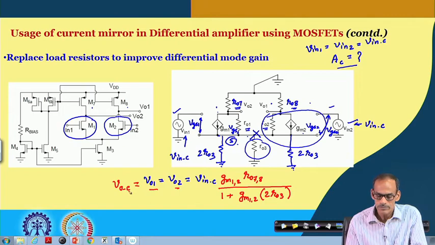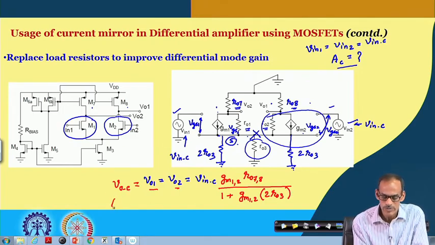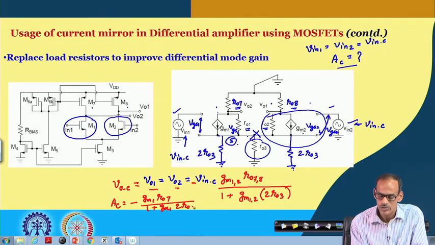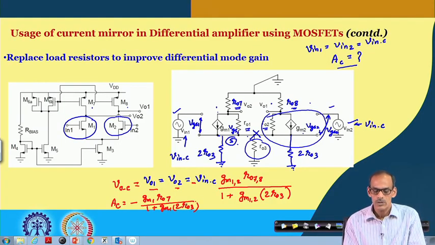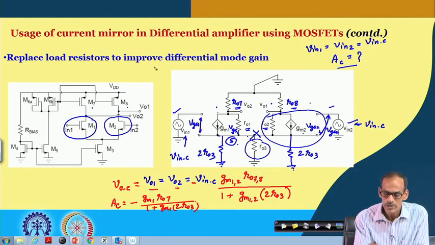And likewise, you can get the corresponding common mode gain. It is, of course, having a minus sign. So, that gives us common mode gain equals gm1 RO7 divided by 1 plus gm1,2 times RO3, right.